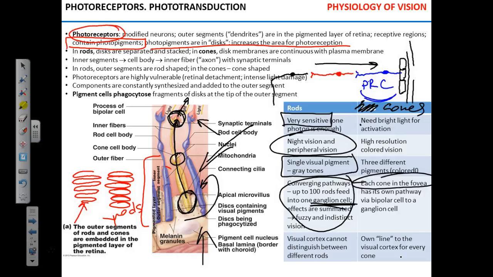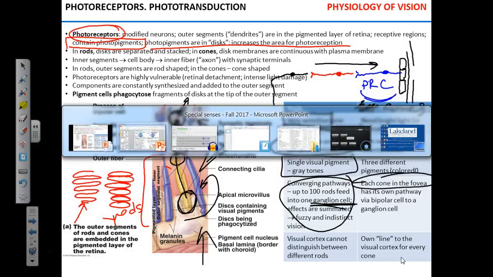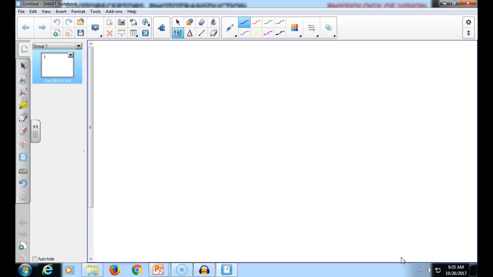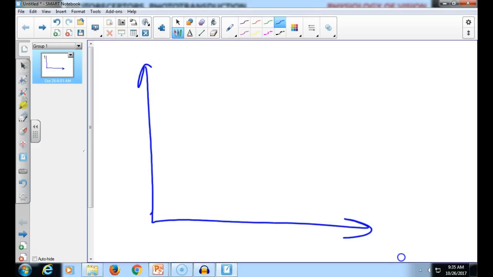I would say that, think about this. Let me switch for a second to this. When we talk about a nervous signal, we always talk about action potential.